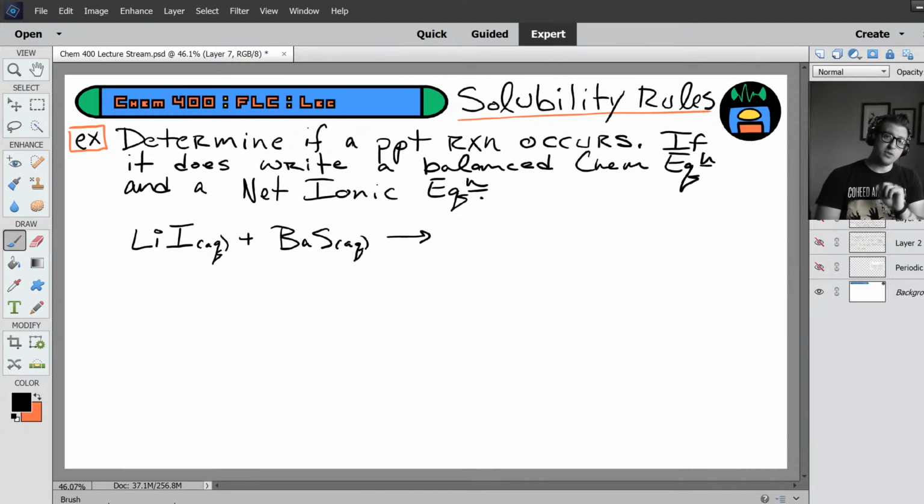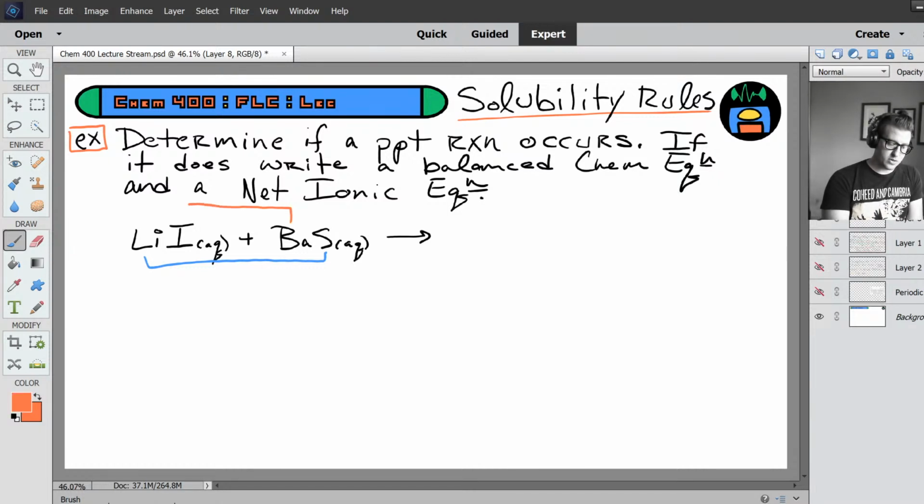I don't have to give you the products because you already know how to figure out what they'll be. If a precipitation reaction occurs, our first cation is going to grab our second anion, and our second cation is going to grab our first anion. So our products will be lithium sulfide and barium iodide. Now we need to determine what those products will be first.